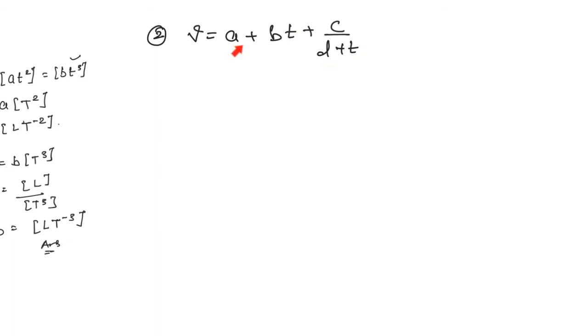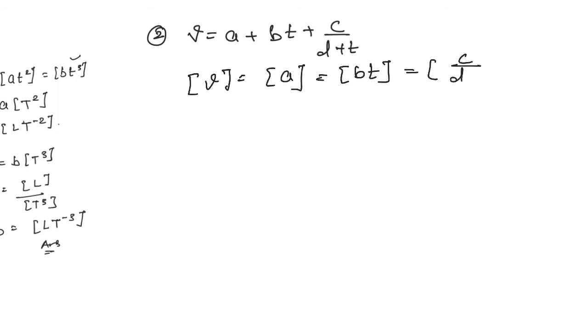So velocity plus velocity plus velocity gives velocity. It means the dimensions of v must be equal to the dimensions of a, of bt, and of c upon d plus t.